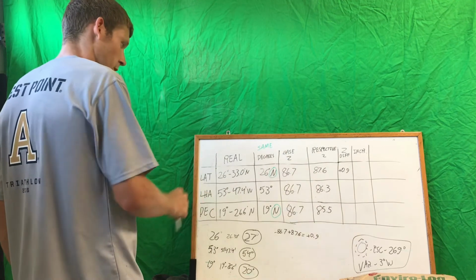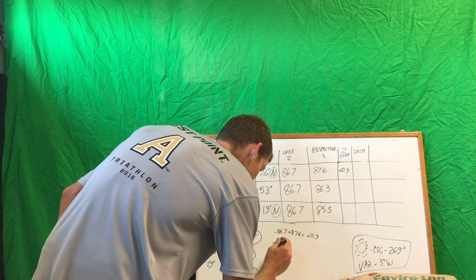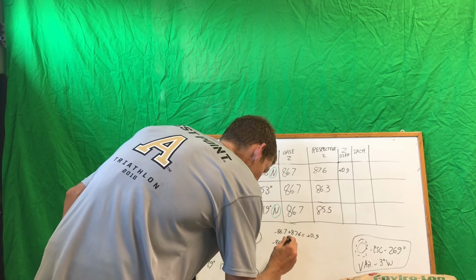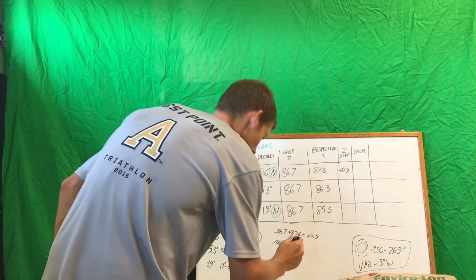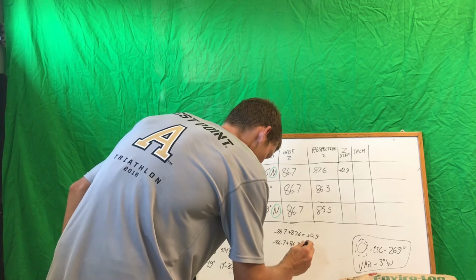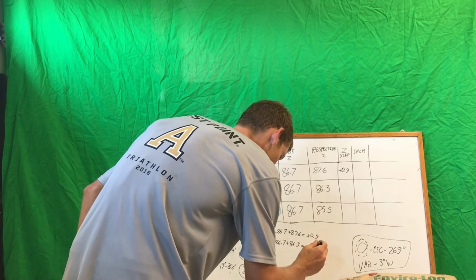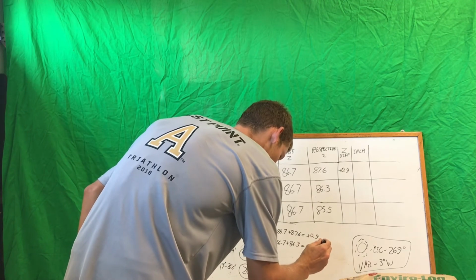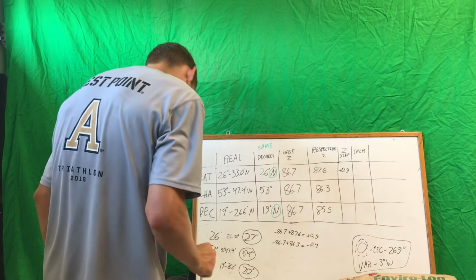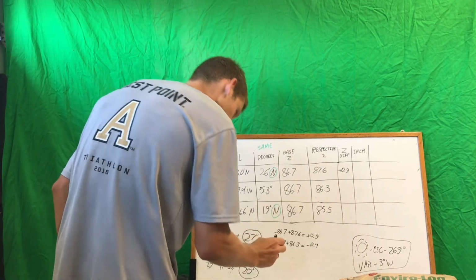Then you do the next one for LHA. Just do negative 86.7, and we're comparing it with a positive 86.3, and that'll get us a negative 0.4. And then go on to declination difference.